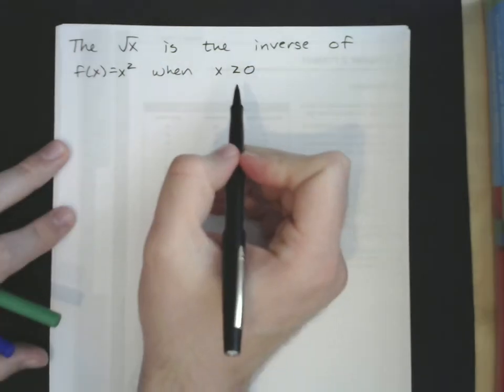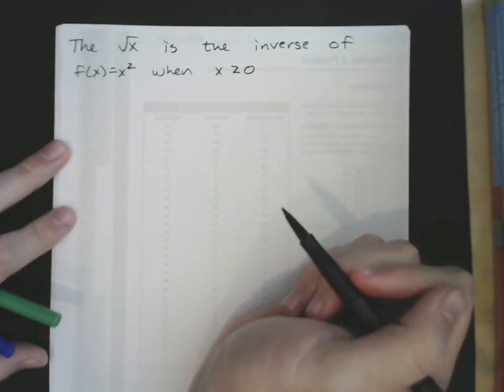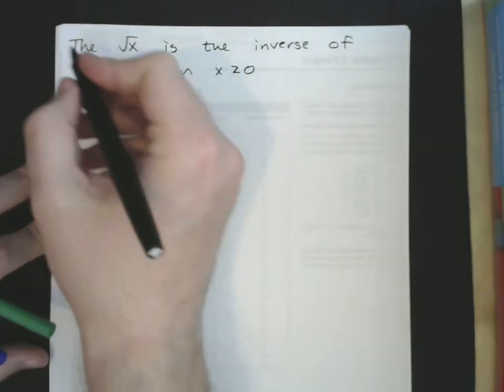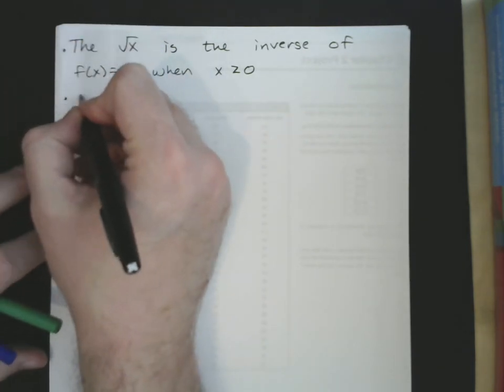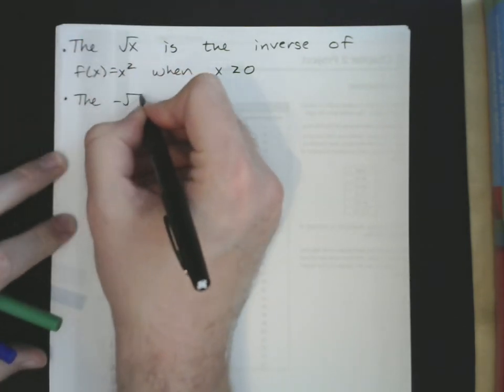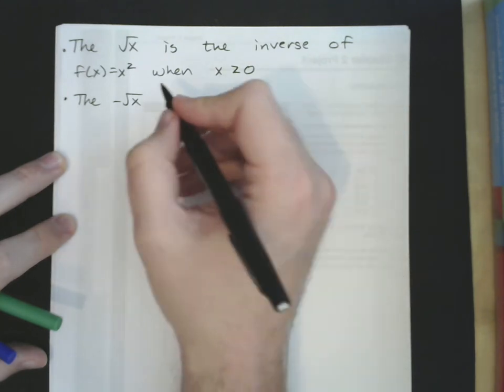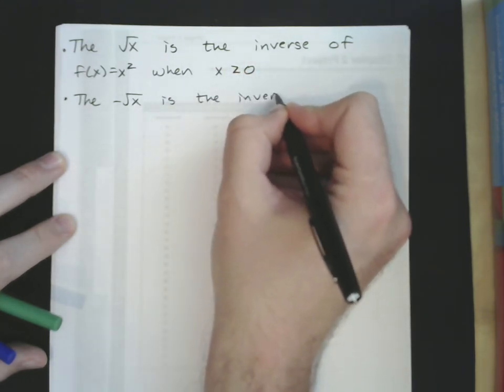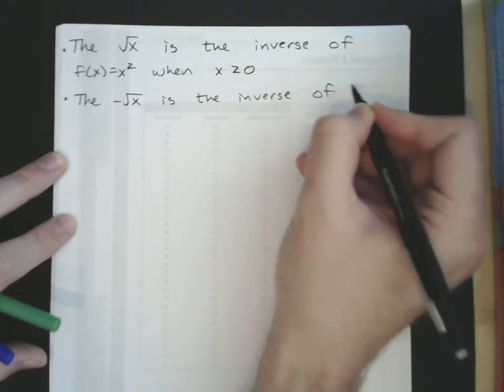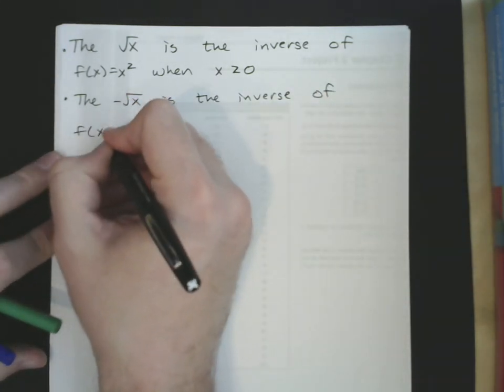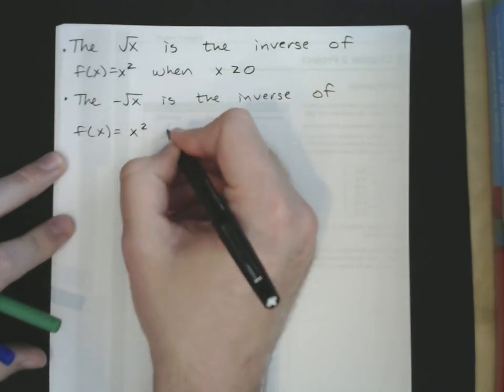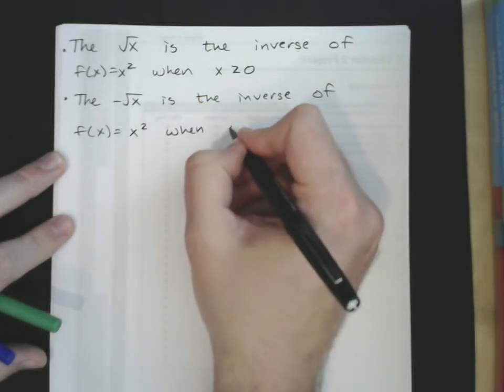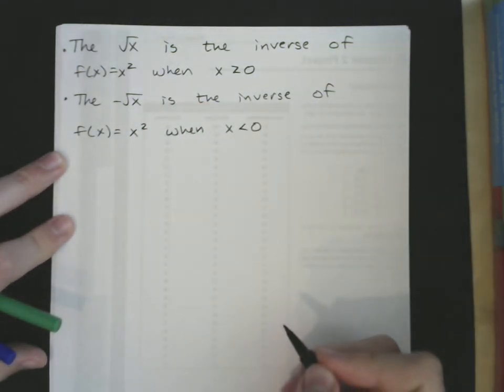Because we know we can't put negatives into that. And secondly, the negative square root of x is the inverse of f of x equals x squared when x is less than 0.